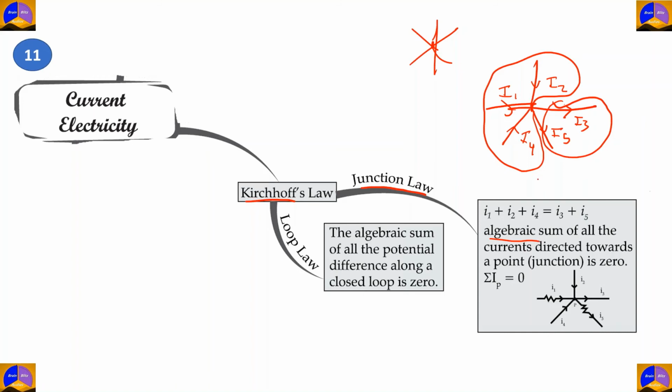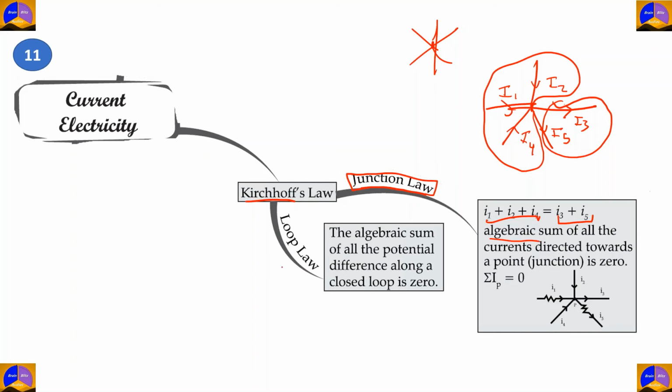So what the first law states is that the sum of the currents entering a junction, which is I1 plus I2 plus I4, would be equal to the sum of the currents leaving the junction, which is I3 plus I5. No current is wasted. This is the first Kirchhoff's law, which is known as junction law.